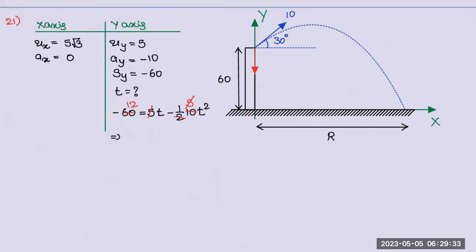That implies t square minus t minus 12 is equal to 0. I think minus 4 plus 3, isn't it? Minus 4 plus 3 only, yes. That implies t is equal to plus 4 or minus 3. Minus we discard, and it takes 4 seconds.